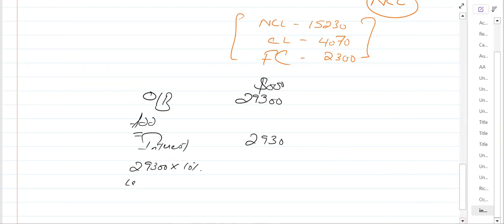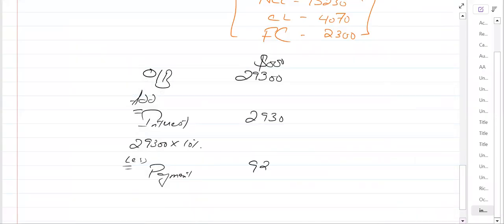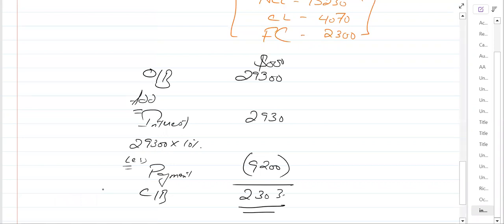And then you deduct the lease payments, which is the fixed lease payment. The fixed lease payment is 9.2 million, that is 9,200. And then you get the closing balance. So it's 29,300 plus 2,930 minus 9,200. So you get 23,030.